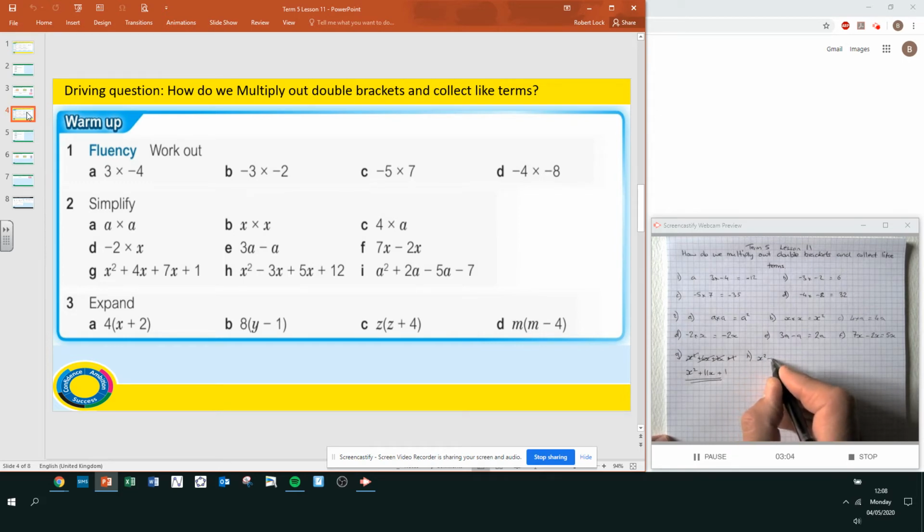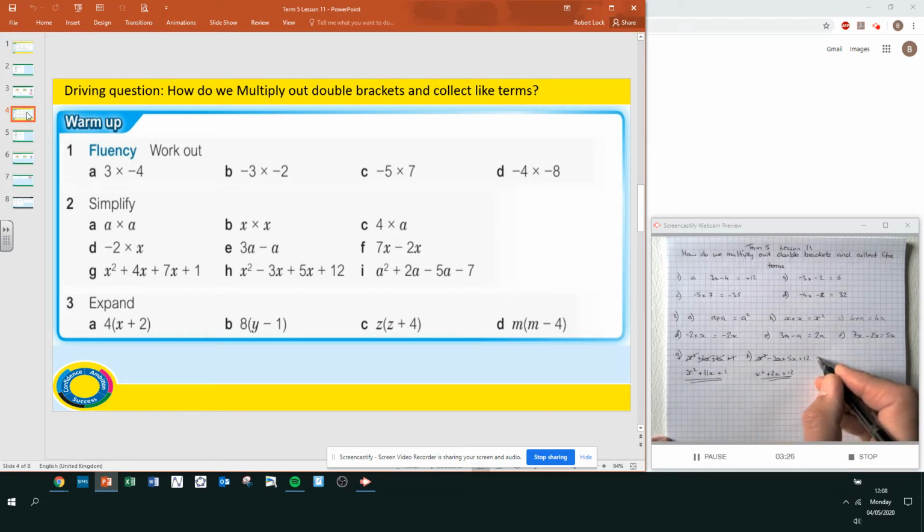H. X squared minus 3x plus 5x plus 12. X squared is on its own. Minus 3 plus 5 is plus 2, so it's plus 2x plus 12.